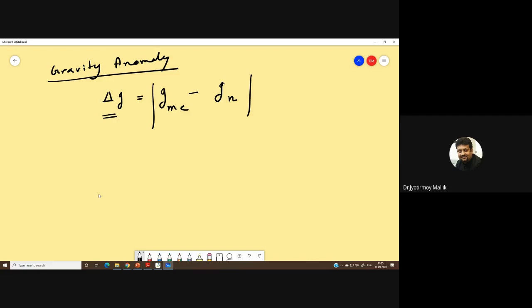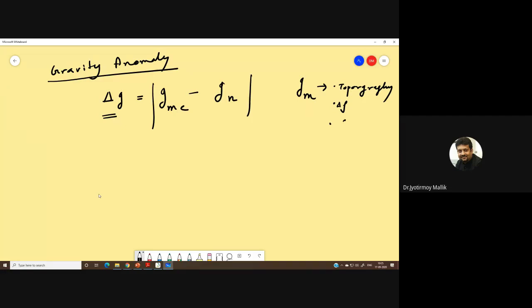So G measured, as it is, if we don't do any corrections, actually considers the effect of topography. It considers the effect of delta rho. You understand now what delta rho is: the difference in density beneath the Earth's crust.